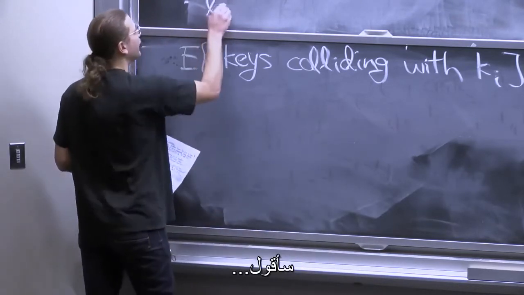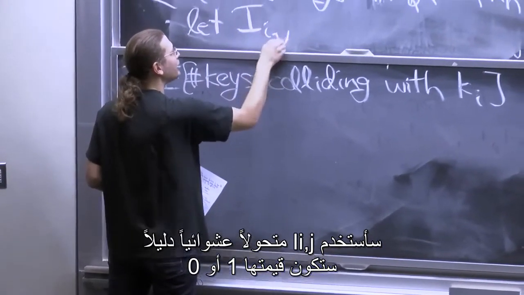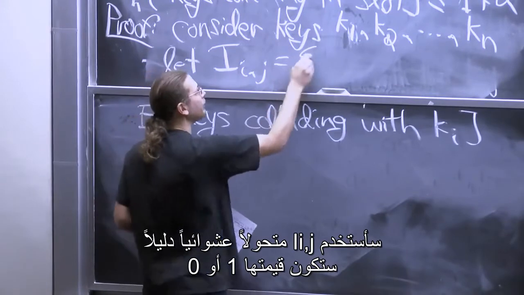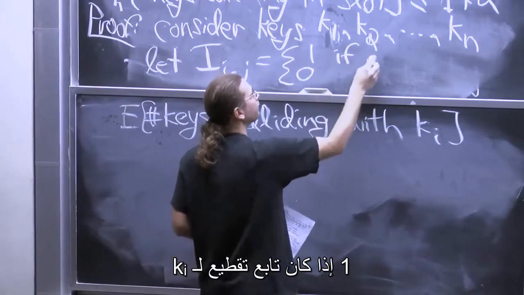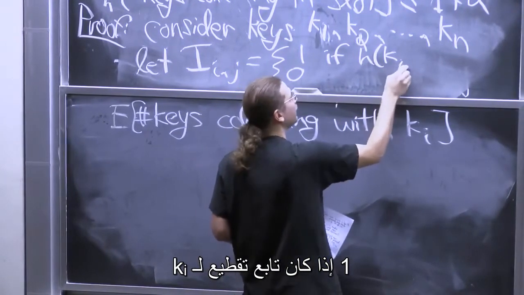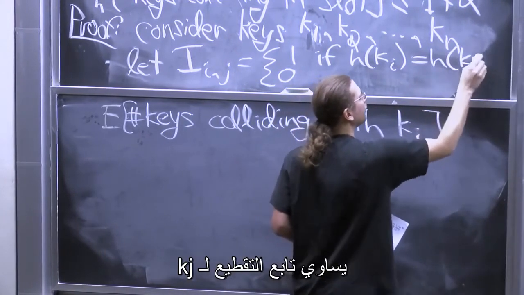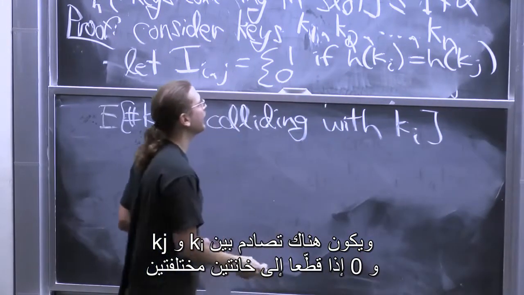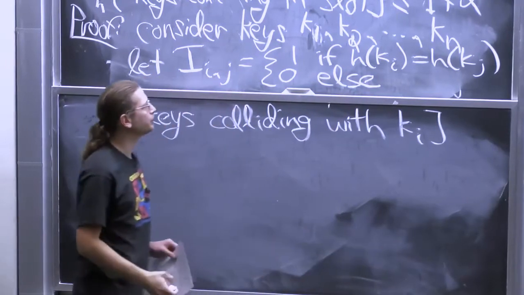So I'm going to use capital I, Iij, to be an indicator random variable. It's going to be 1 or 0. 1 if the hash function of Ki equals the hash function of Kj. So there's a collision between Ki and Kj. And 0 if they hash to different slots.